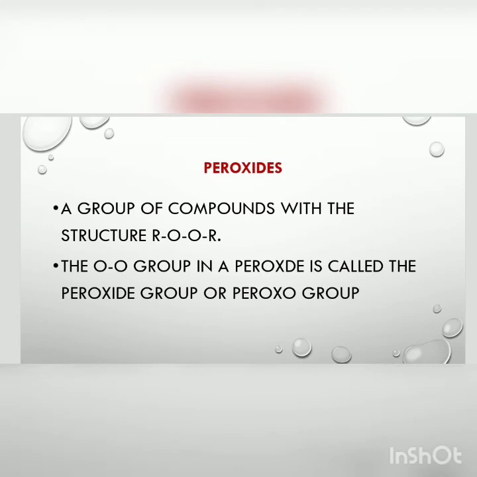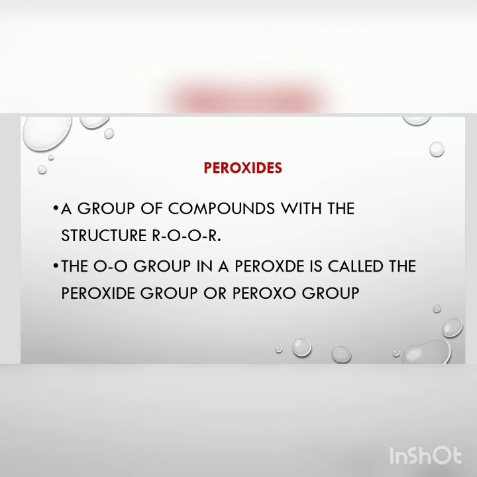So next oxide is peroxides, a group of compounds with the structure R-O-O-R. The oxygen-oxygen single bond group in a peroxide is called the peroxide group or peroxide bond, right?